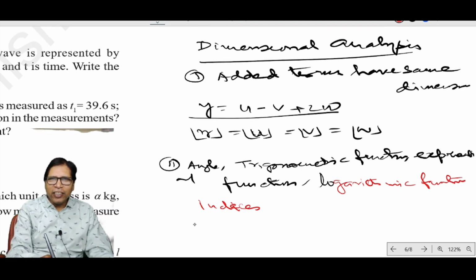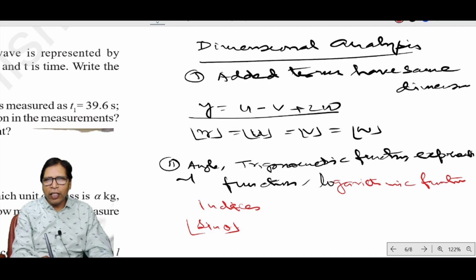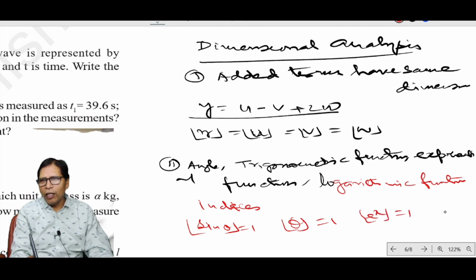That is, the dimension of sin theta is equal to 1, the dimension of theta is equal to 1, the dimension of exponential function is equal to 1, the dimension of index x is also equal to 1, and the dimension of logarithm function log x is also equal to 1.